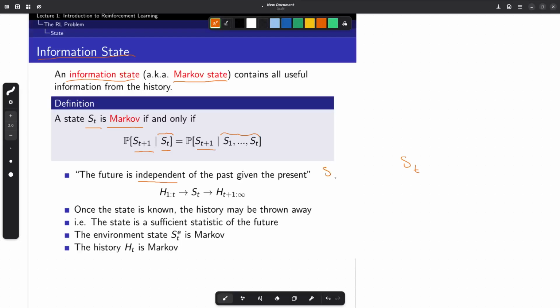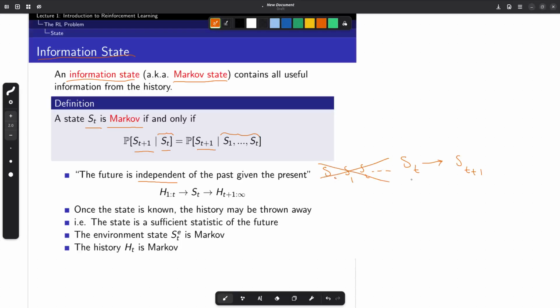So, the history of states would be S0, S1, S2, up until ST. And you are trying to decide what would be the next state, ST plus 1. And if your state is Markov, you wouldn't need all of the previous states.